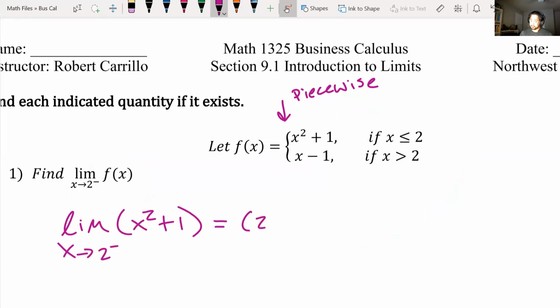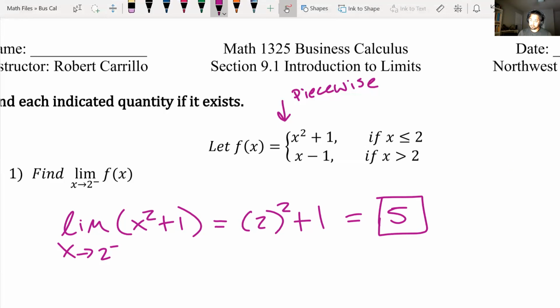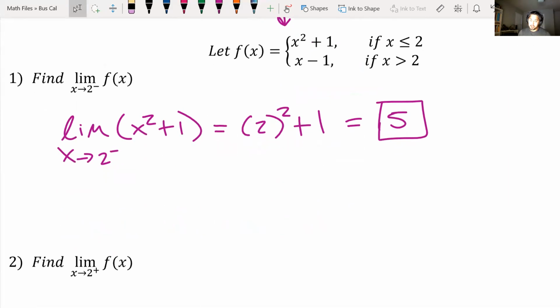We plug in 2, and 2 squared plus 1 gives me 5. Any questions on that part? So you are connecting limits with restrictions.